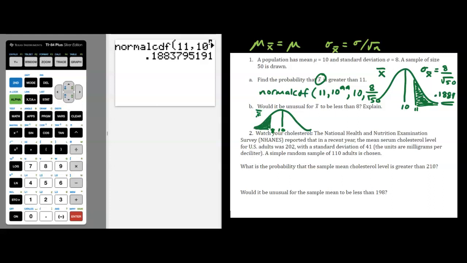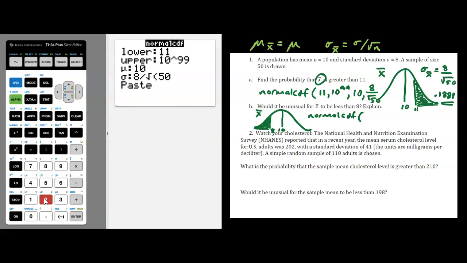It doesn't come right out and say, let's find the probability that we're less than 8. But it says, would it be unusual for x bar to be less than 8? So we need to find that probability, and we know that an unusual event is one that has probability of less than 5%. So again, I'm looking for an area, I'm using normal CDF. Let's go to our calculator and say second vars, normal CDF.